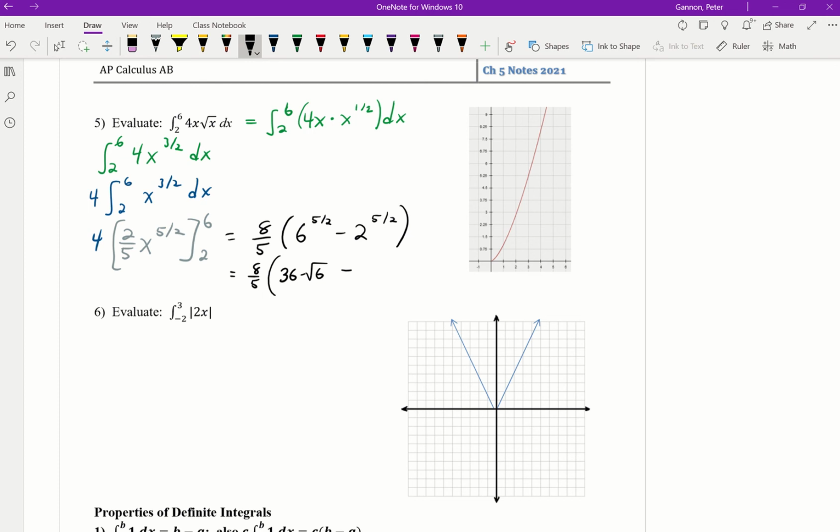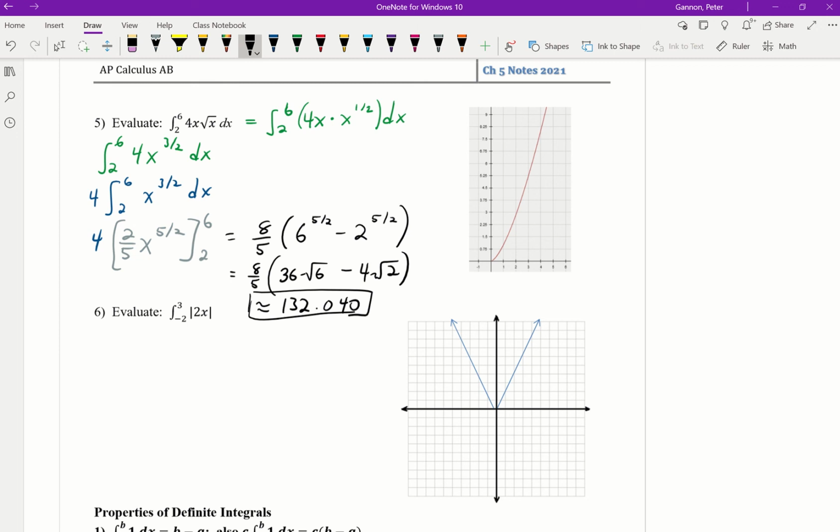We're taking 2 to the 5/2. So there's 5 2's, and then we're square rooting it. So we take out 2 2's and leave a 2, which gives me 4 root 2. Now, at that point, you could leave it like that, or you could plug it into your calculator. And when you do, you'd get 132.040. So not the easiest calculation, but definitely something that we can do.